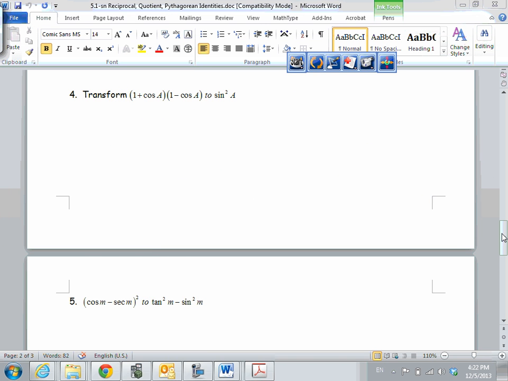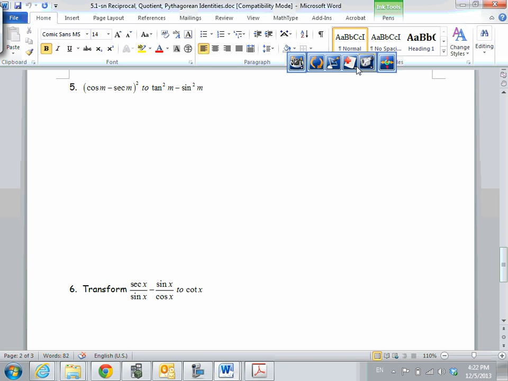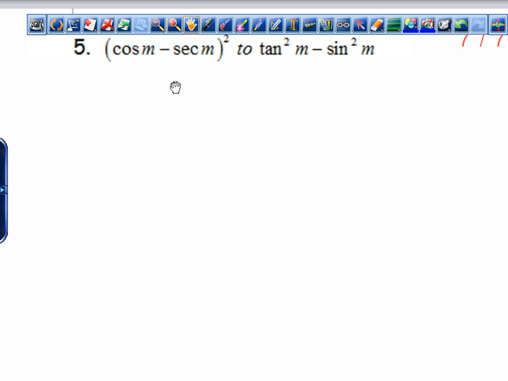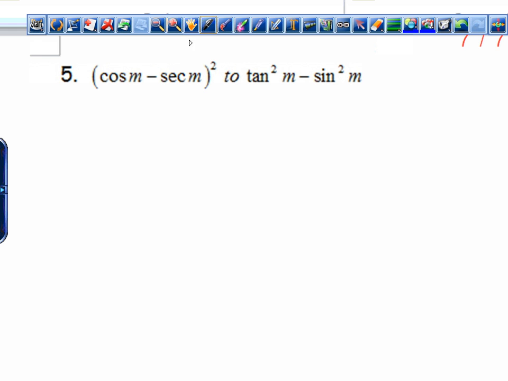Number 5 is a little tricky. Number 5 requires foiling or box method or any of that, and you really don't have to do any of that. You can do a couple of shortcuts. The first shortcut is just to square this. So cosine squared m. The next thing is you're going to multiply this times that and multiply by 2. So -2 cosine m secant m.